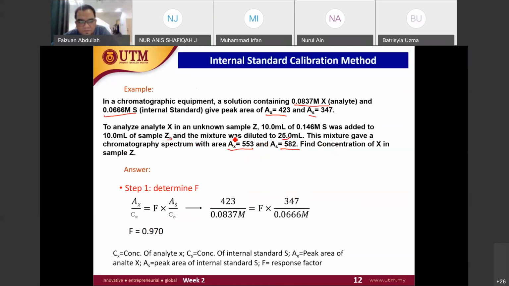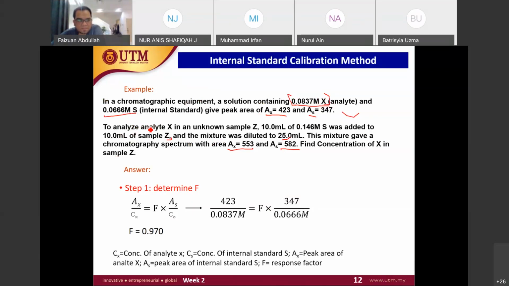Find the concentration of X in sample Z. First, a solution contains 0.0837 molar of X and 0.0666 molar of S, giving these peak areas, the analyte and the internal standard.